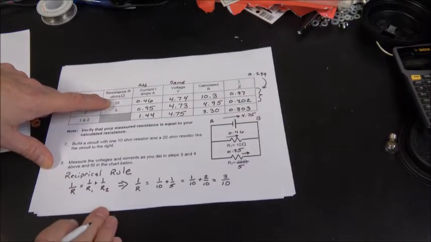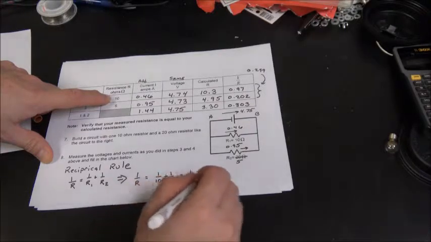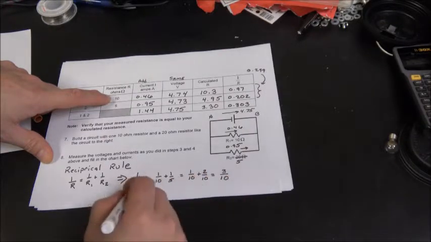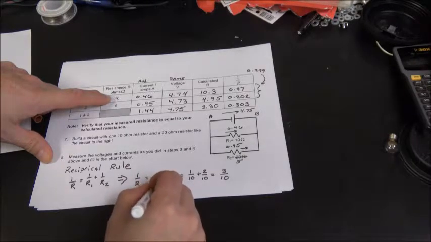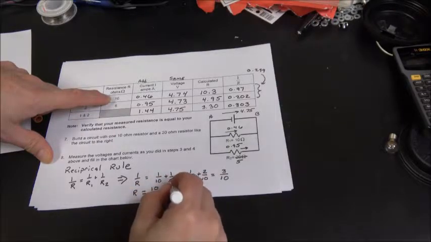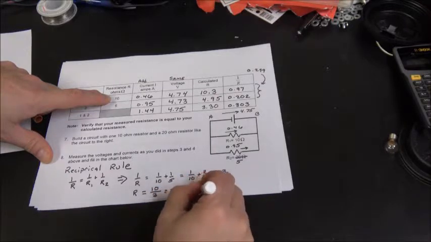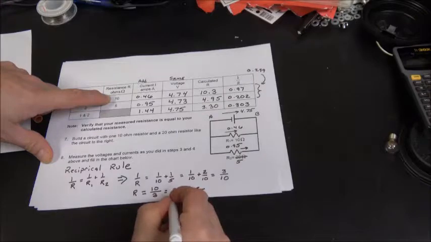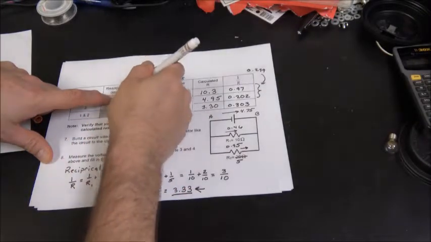Now that value was actually 1 over R. So if 1 over R is 3 over 10, then R is 10 over 3, which is 3.33. So 3.33, that's our actual value using these nominal values.